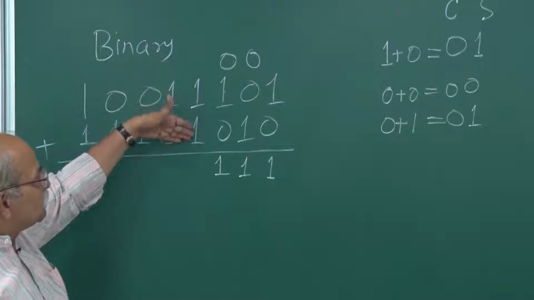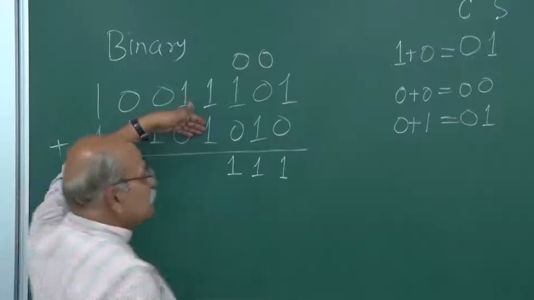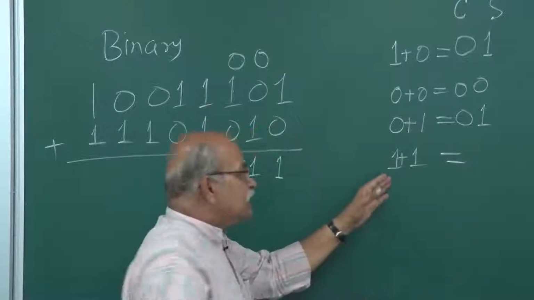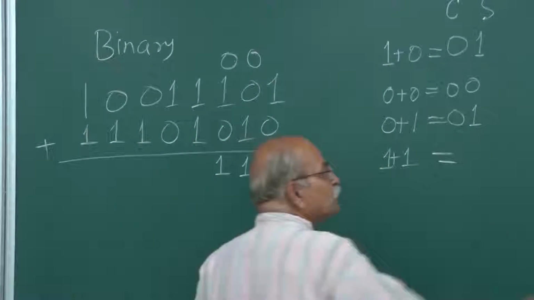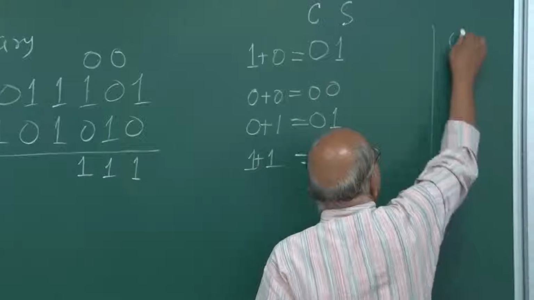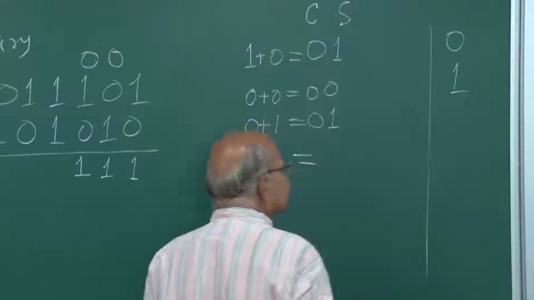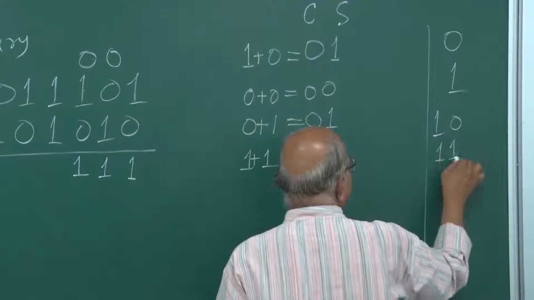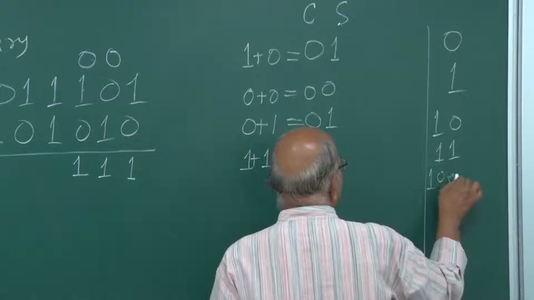Then comes 1 plus 1. Now what is 1 plus 1? The number next to 1 in our counting: we have one digit numbers exhausted, then two digit numbers exhausted, then three digit numbers, and so on.